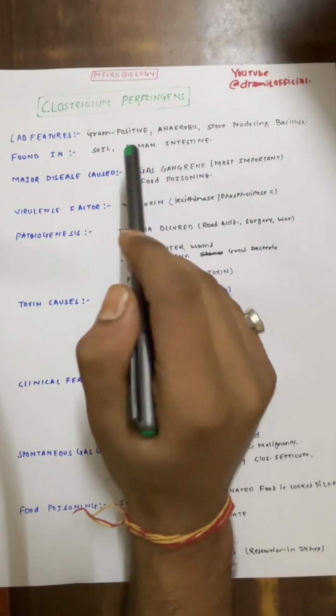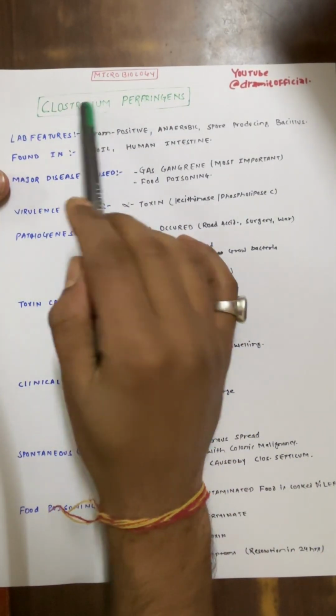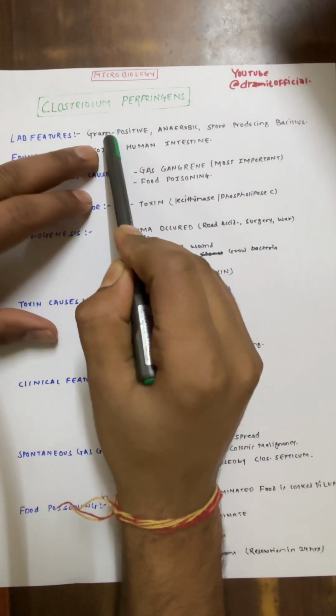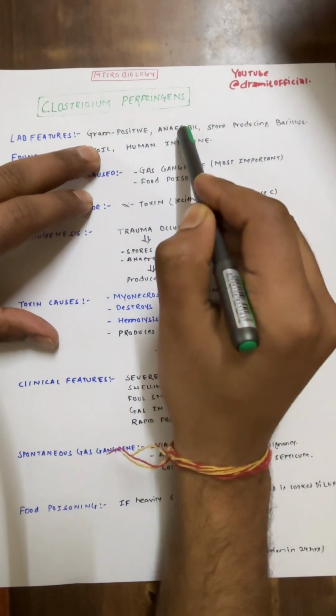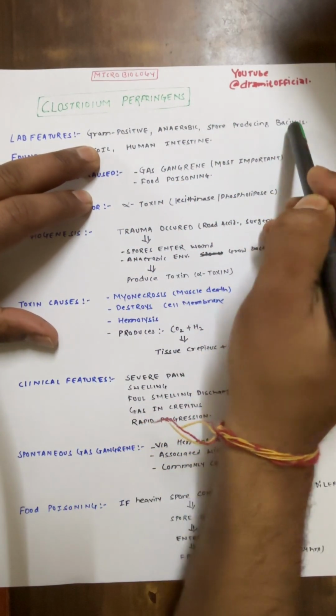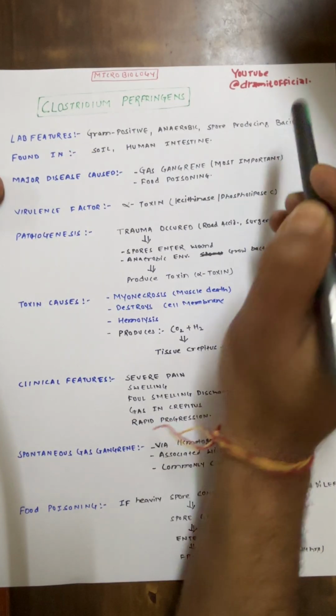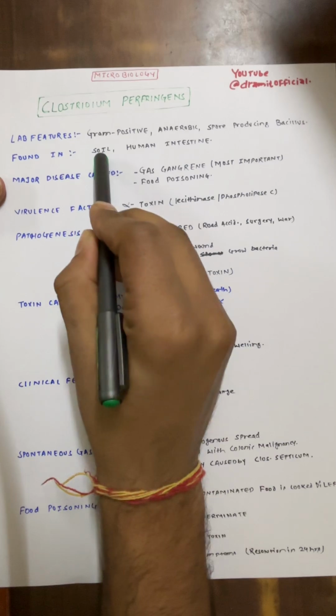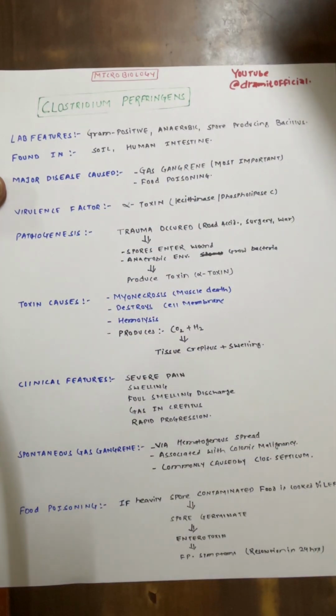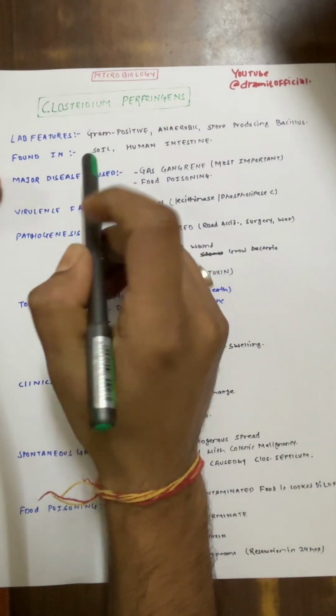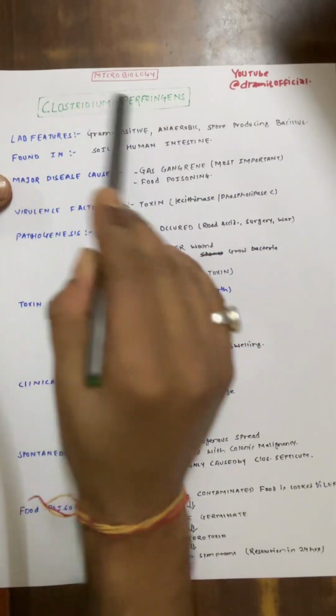So Clostridium perfringens. Talking about the lab features, it is a gram-positive, anaerobic and spore-producing bacillus that is rod-shaped. Now, where is Clostridium perfringens found? It is found in soil and the human intestine. Why is it important?